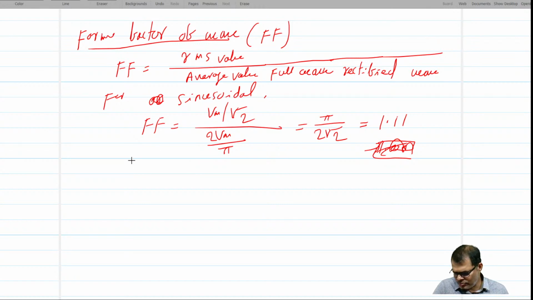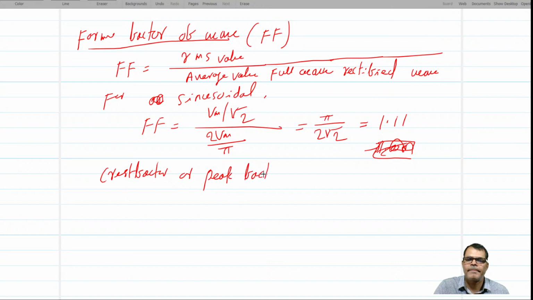Similarly, another one is the crest factor or peak factor. This is the peak value upon RMS value.